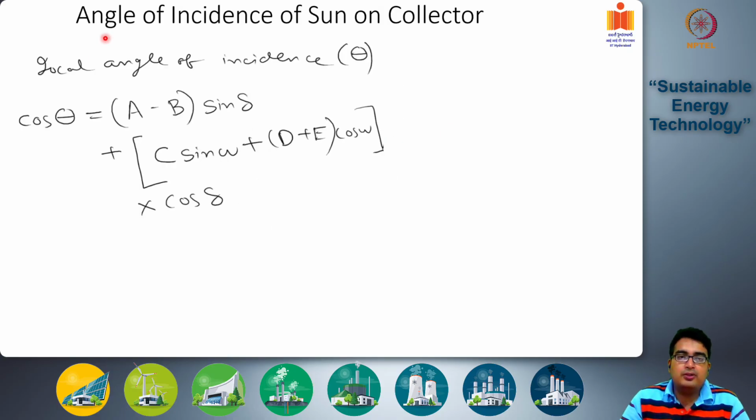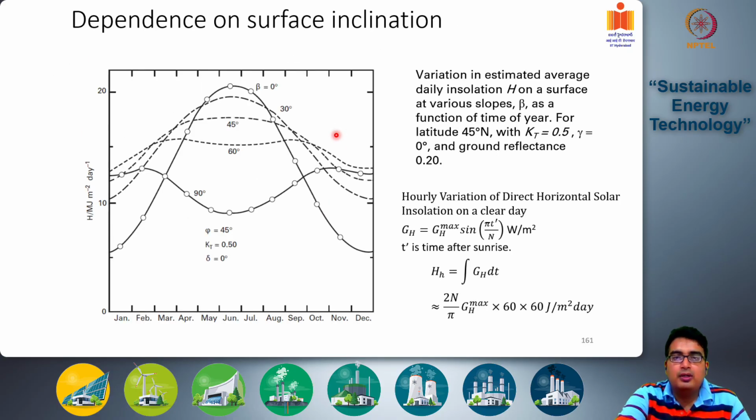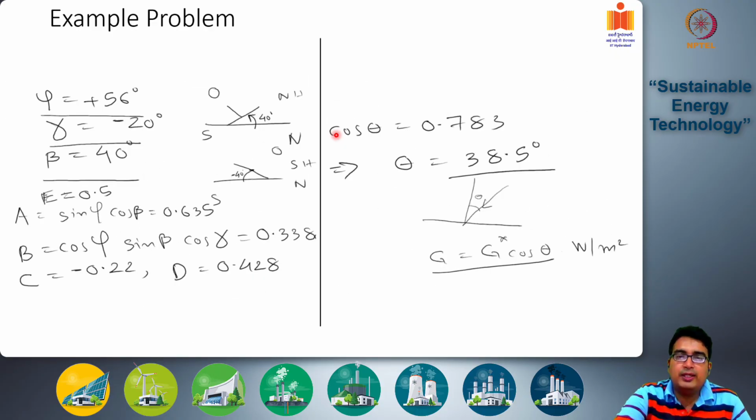Putting the values in, we get cos theta is 0.783, so theta is 38.5 degrees. So the angle between the sun and the normal is 38.5 degrees at that point of time. Then the local flux is G star cos theta. So if you know G star, you can find the local flux in watt per meter square.